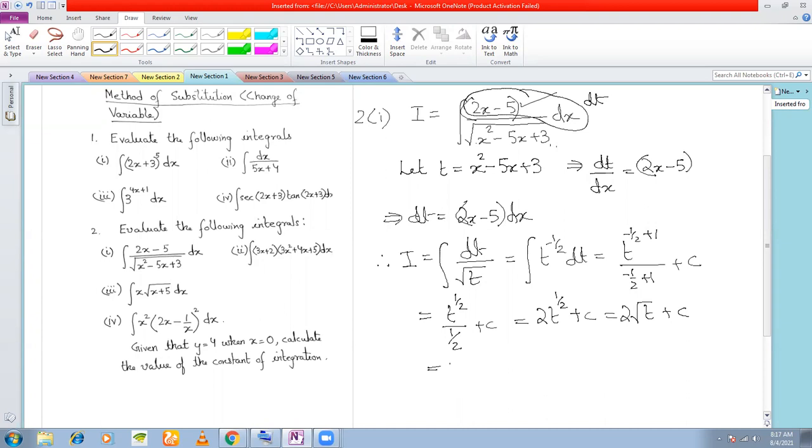Now put back the value of t. What is t we had assumed? x square minus 5x plus 3. And that's your answer. It's a very important integral. Is it clear?